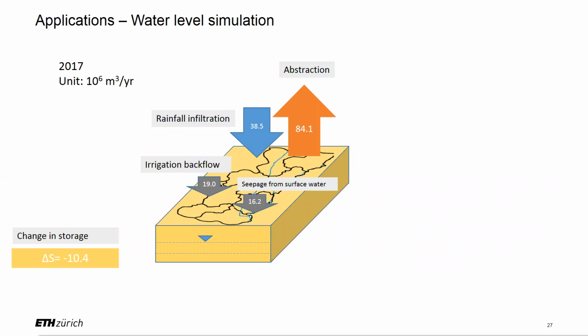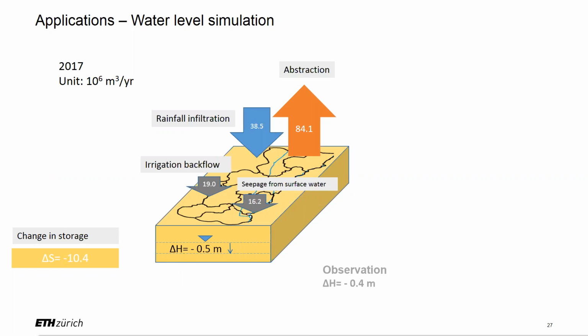First, let's look at the water level simulation. Taking the example of a dry year, the year of 2017. We can give the estimation of abstraction based on the pumping electricity, and given rainfall and irrigation waters and surface water runoff and imported water, we can calculate the recharge, then calculate the change in storage and get the calculated change in water level.